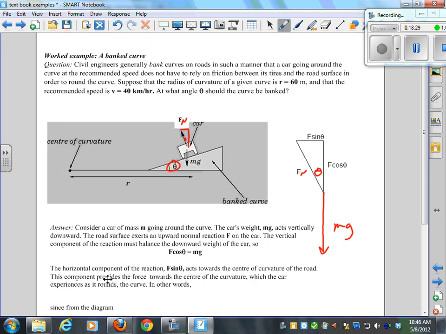The horizontal component of the reaction force, F sine theta, that's this one up here, acts towards the center of the curvature of the road. This component provides the force towards the center of the curvature, which the car experiences as it rounds the curve.